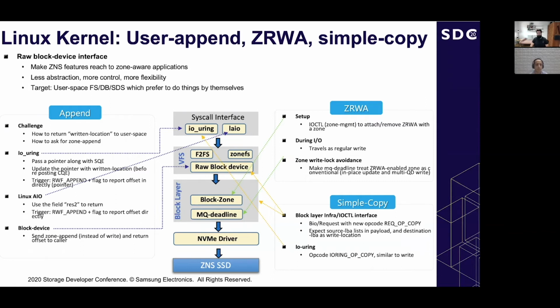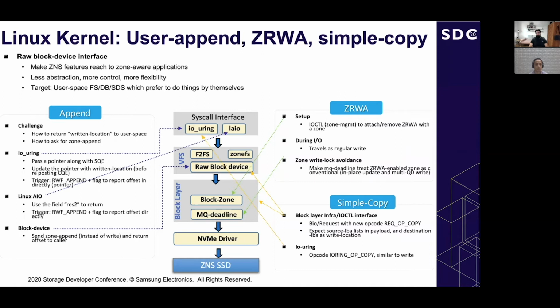So mq-deadline implements a per zone write lock. Many writes can arrive at mq-deadline, but it makes sure that at most one write is dispatched to the driver on a zone, and that eventually leads to a QD1 per zone result.